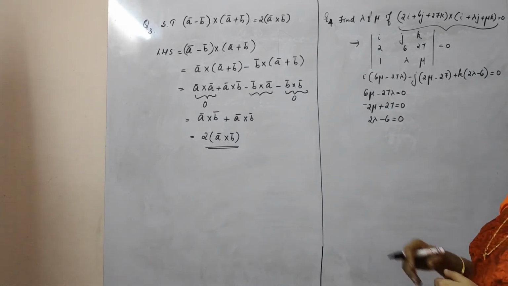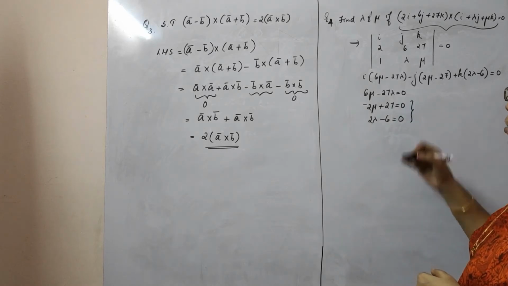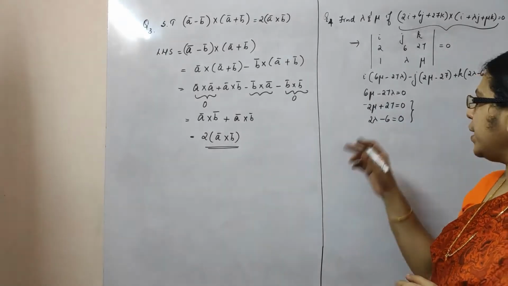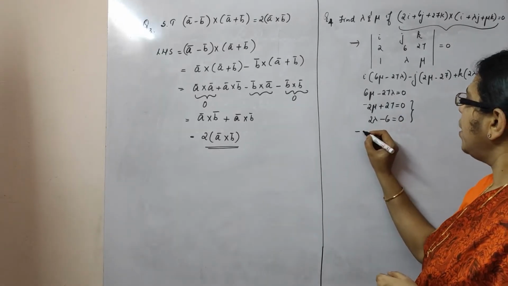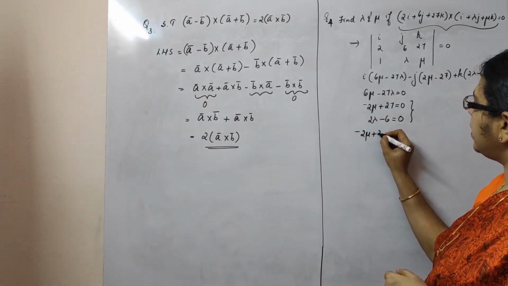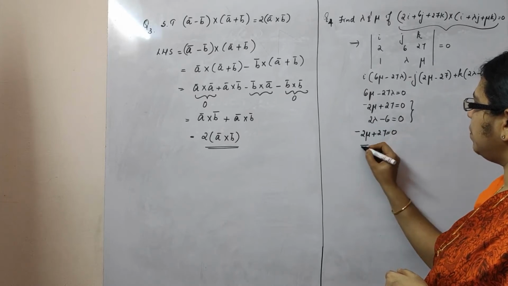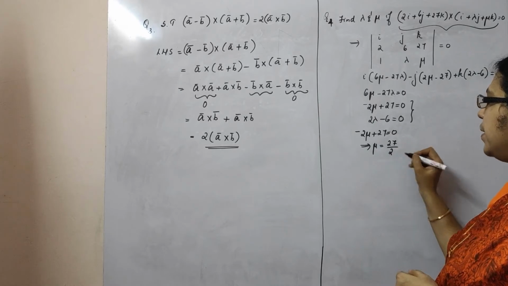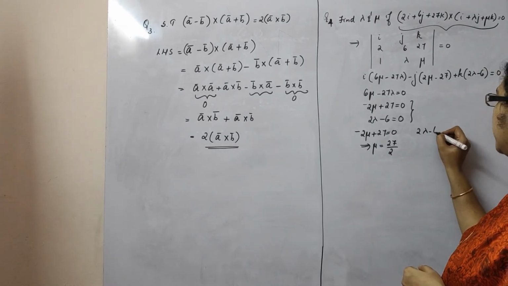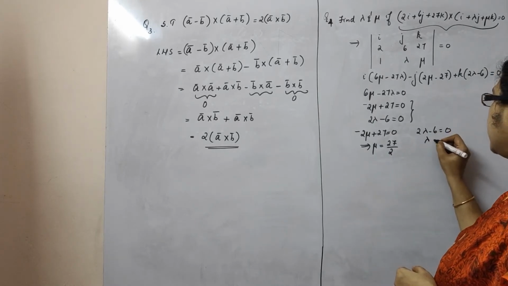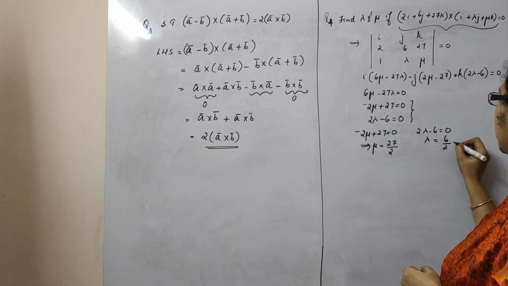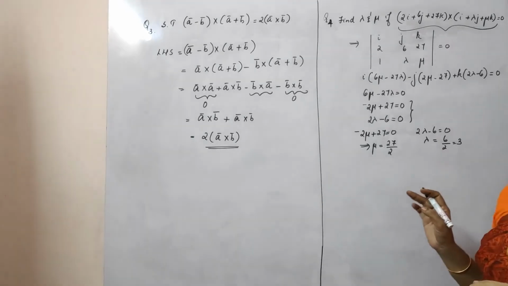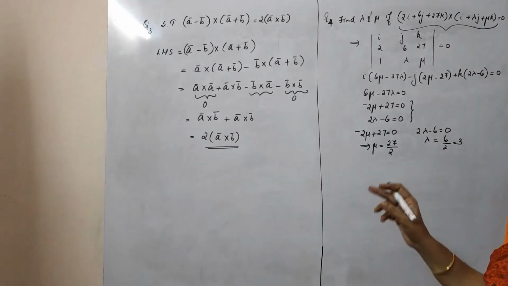Am I clear? Now I take these two equations, because in the first equation I have both mu and lambda, so I cannot simplify. Minus 2 mu plus 27 is equal to 0, which implies mu is equal to 27 by 2, right? Then 2 lambda minus 6 is equal to 0 implies lambda is equal to 6 by 2, which is equal to 3. Now I have got the values of lambda and mu. Mustn't I check for uniqueness?